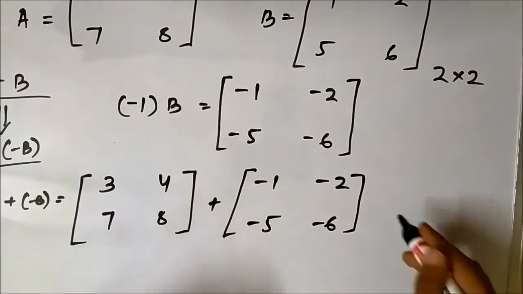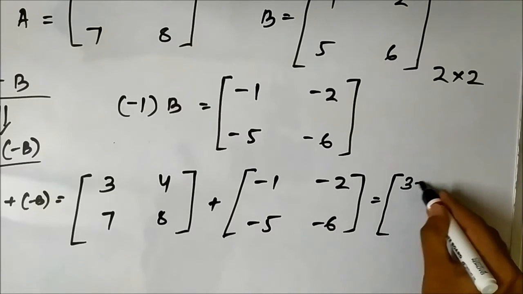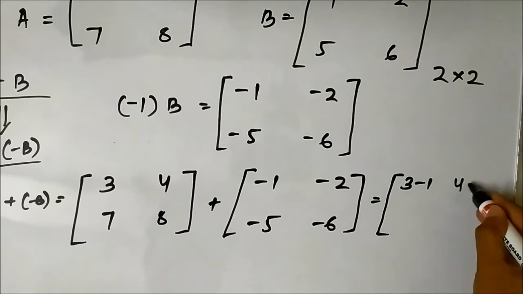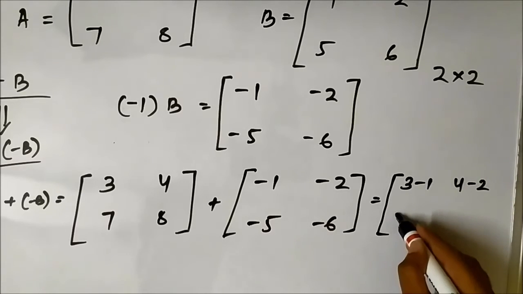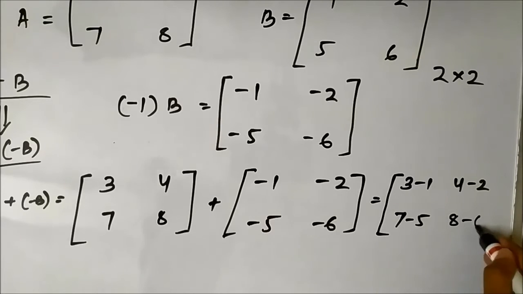So the result will be 3 minus 1, 4 minus 2, 7 minus 5, 8 minus 6.